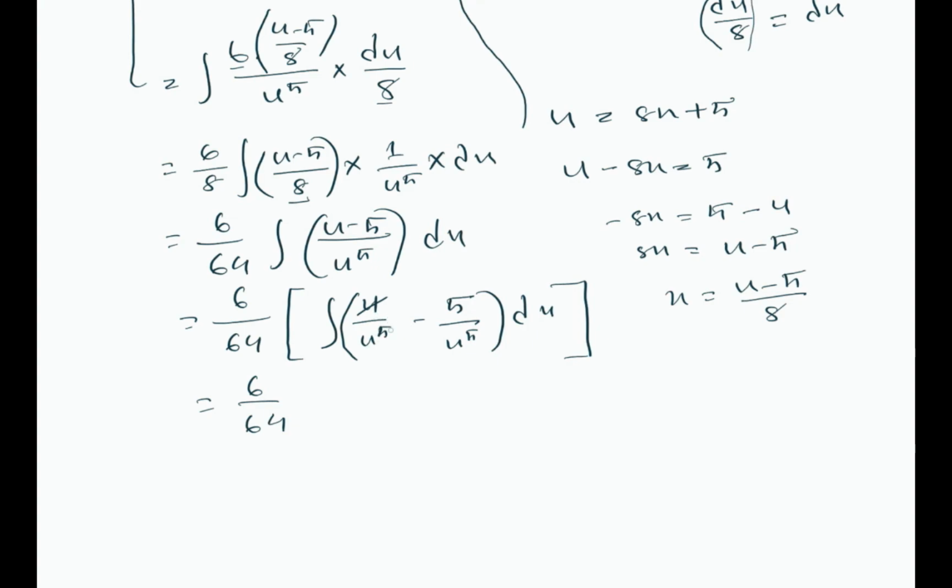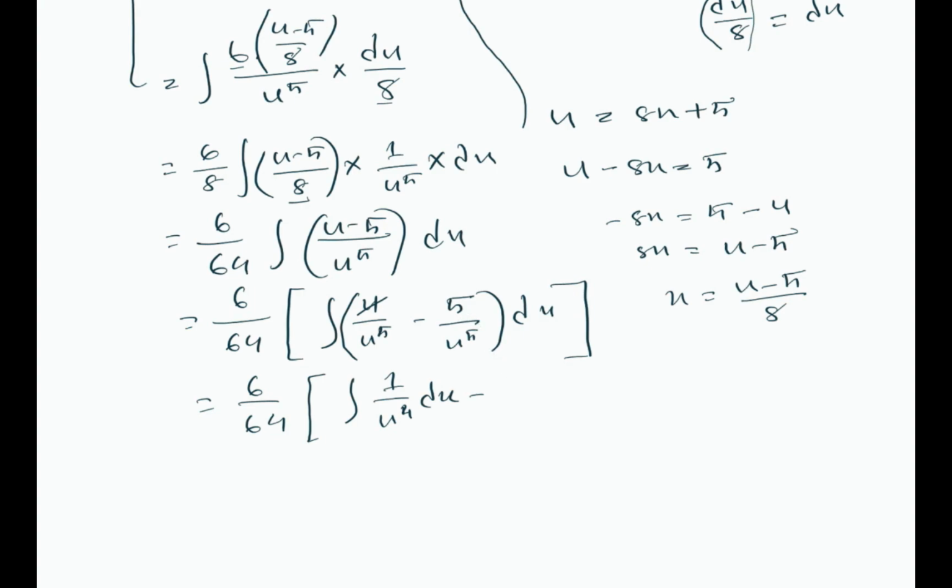So one u from both will be gone. I can write integral of 1 over u to the power 4, because one u has gone already, then du, according to the difference rule of integration.